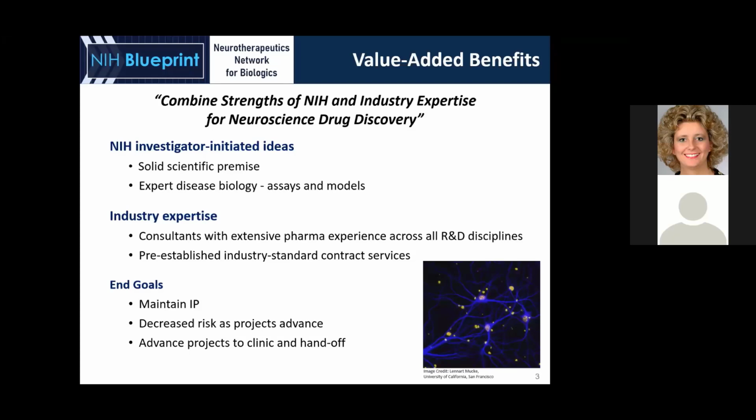PI-initiated projects. So we start with those NIH and investigator-initiated ideas and really count on the NIH investigator bringing the expertise associated with disease biology, as well as assays and model systems to validate and examine target engagement.